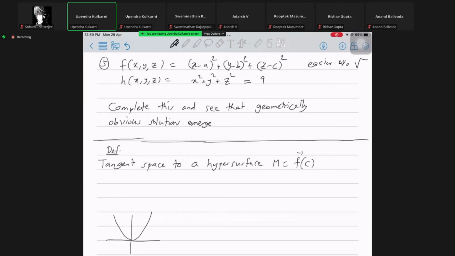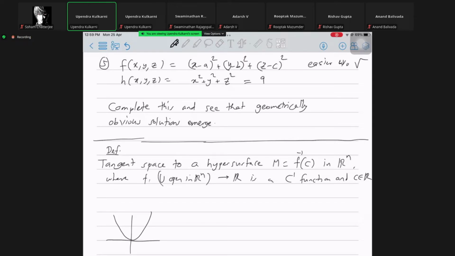M is equal to F inverse of C, where F is some function from U open in Rn to R, a C1 function, and C is some constant. In other words, this is just a level set.